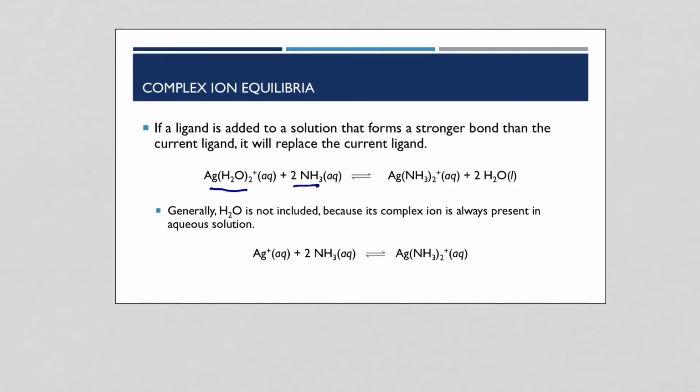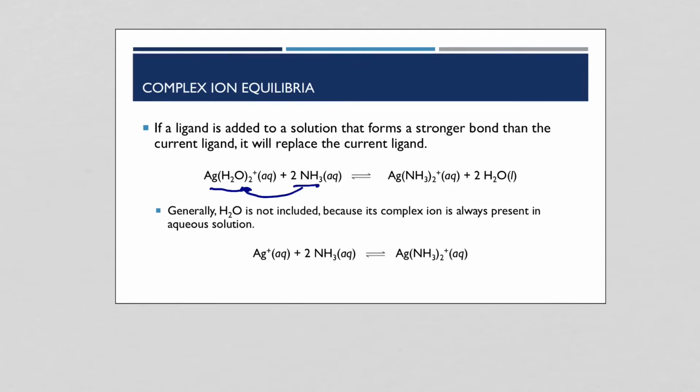So what we see is the replacement: the ammonia coming in and ultimately kicking out the water and replacing it, giving you a silver ammonia complex and free water. And so we can utilize this ability of different ligands to bond with different strengths to add ligands to a metal center, to replace other ligands on a metal center, etc. And you'll see this is also an equilibrium process, right?